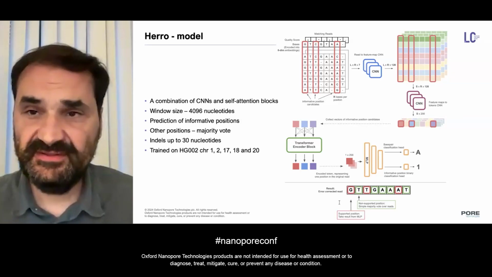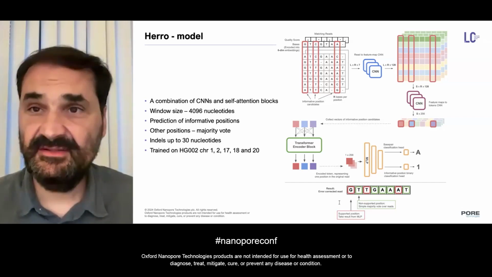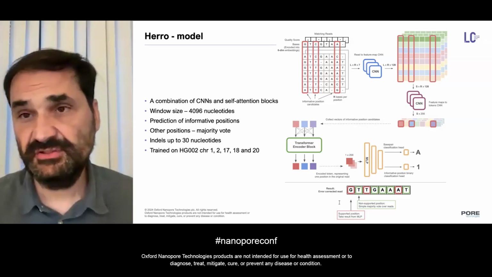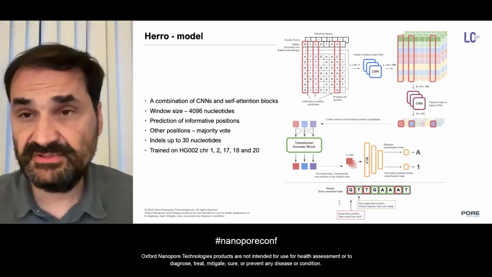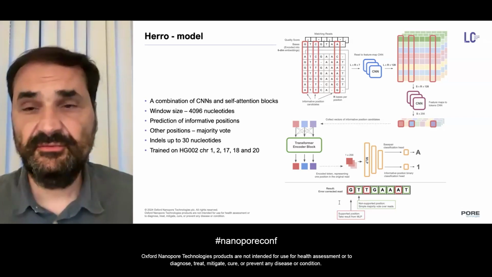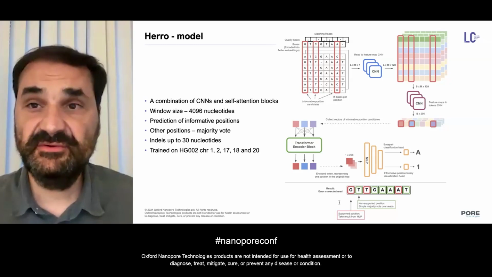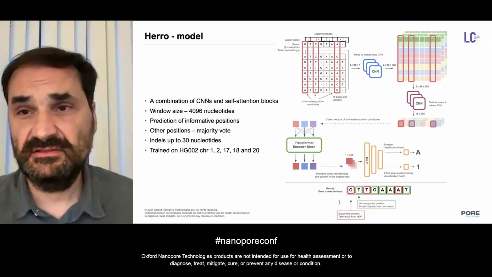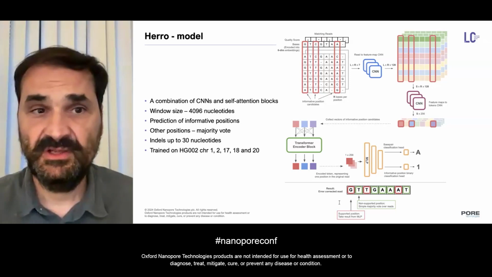After that, we feed this representation to the transformer encoder block, and at the end, we have fully connected layers where we try to predict two things. If the position is not informative, that means that we can correct it. In that case, instead of the letter or nucleotide in the original sequence, we replace it with a predicted corrected sequence of one or more nucleotides, or even a deletion.